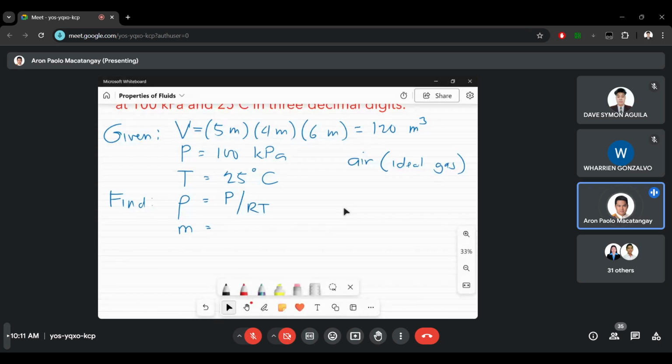Then mass is density times volume. Okay? So density times volume, that is from rho equals m over v.